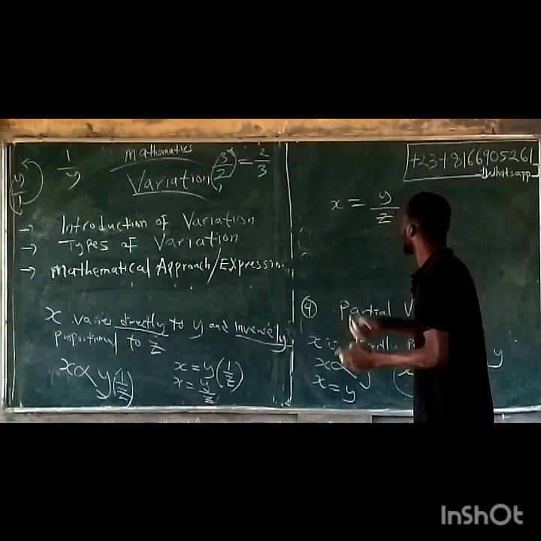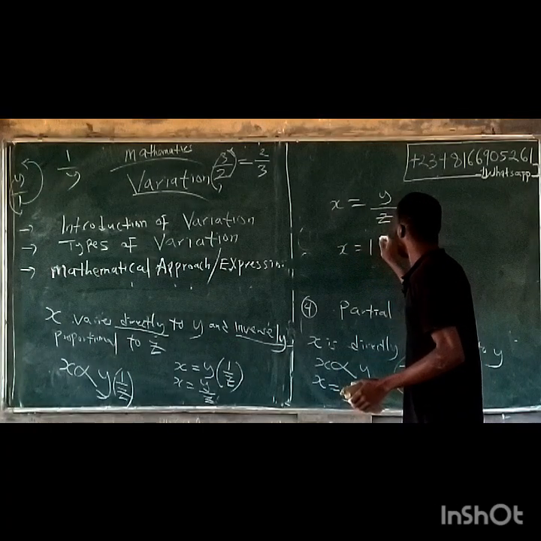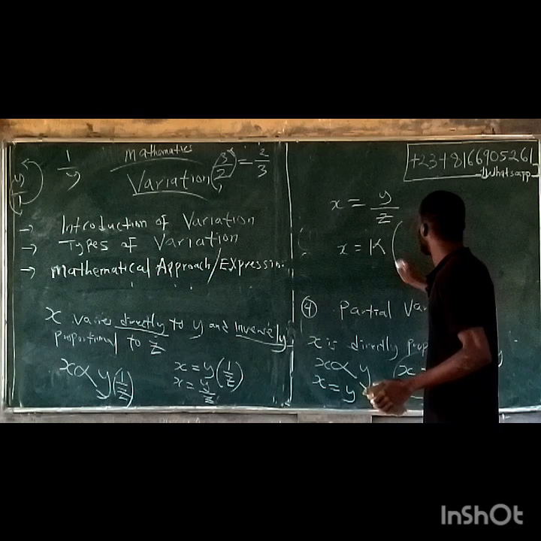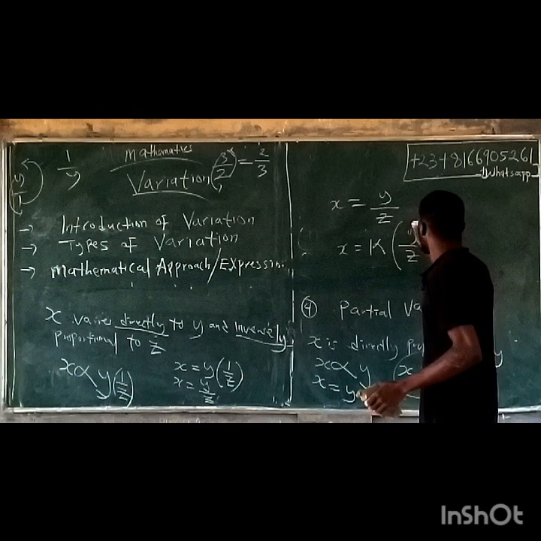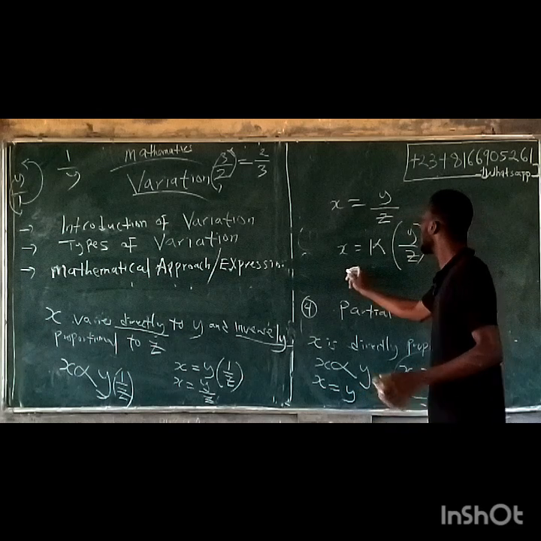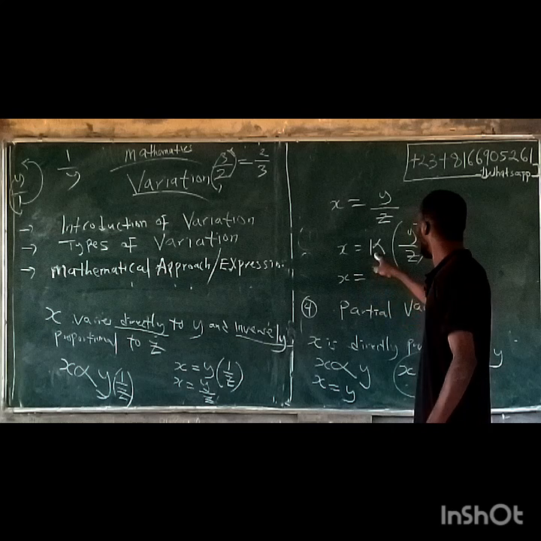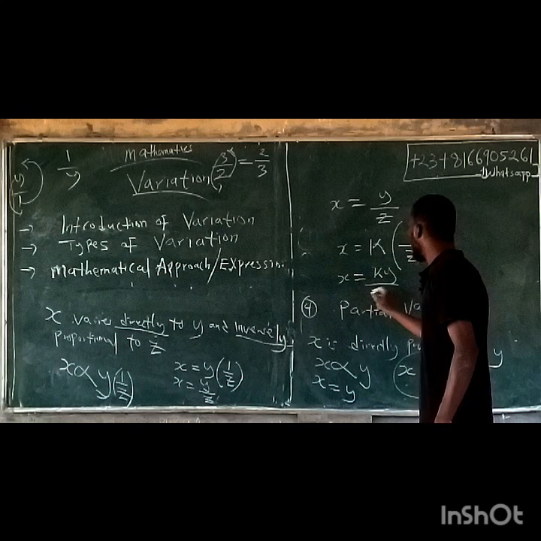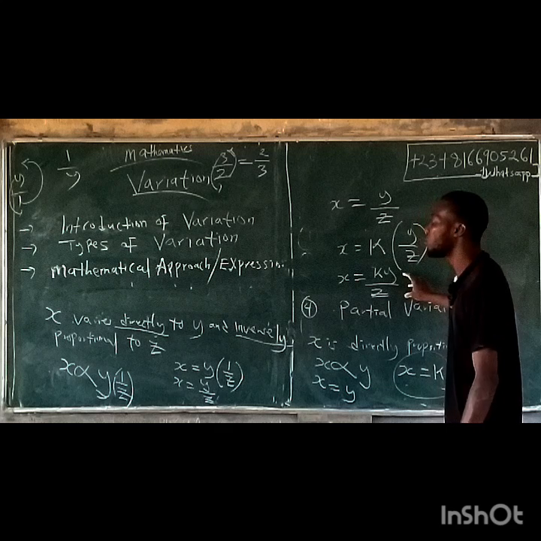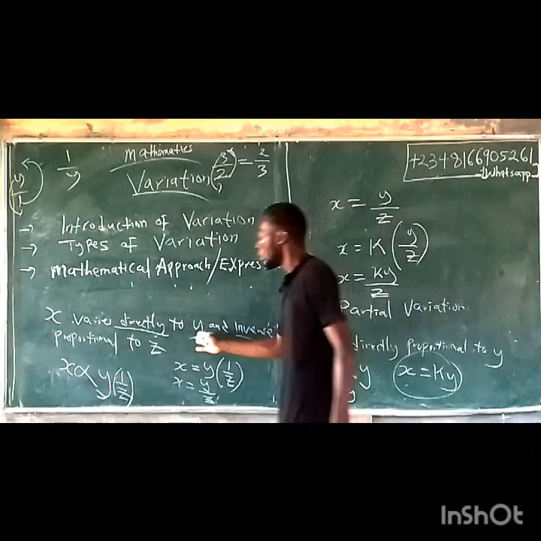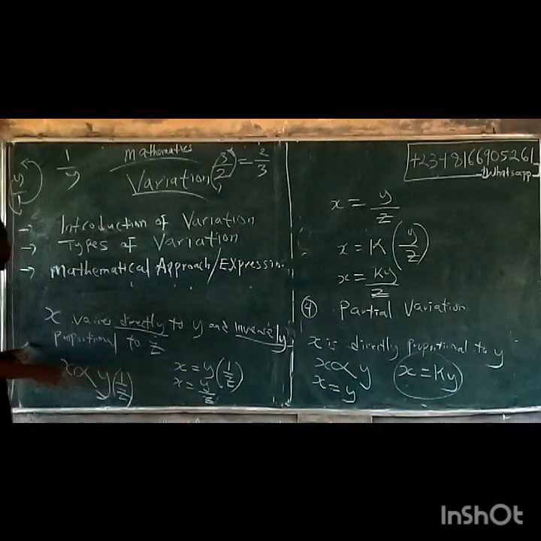Here x equals k, that's the constant, and we have y over z. So x will now equal k times y over z. So this is the mathematical expression of this word problem of the variation.